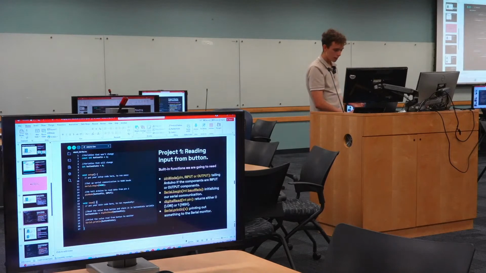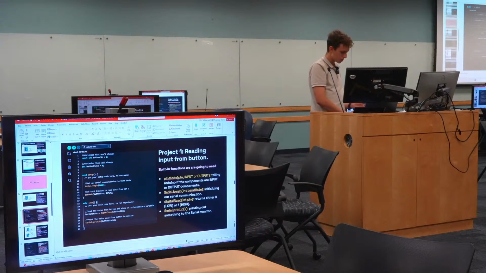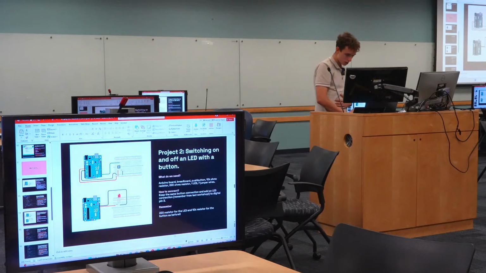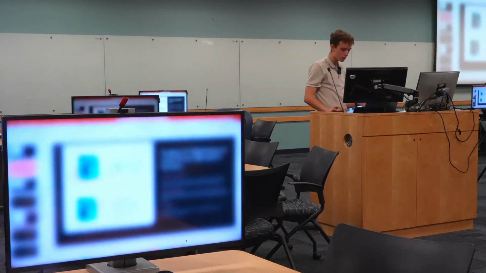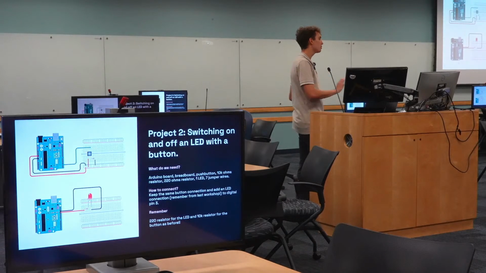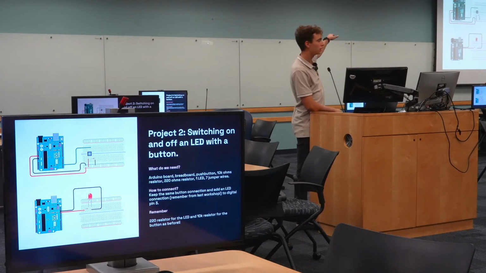So moving on with the next project, actually we're going to introduce a new component. In this case, we don't have to change the push button, but we're going to add one LED. Just skip the fact that these are two different diagrams, but they should be on the same breadboard and using the same Arduino, just all in one.